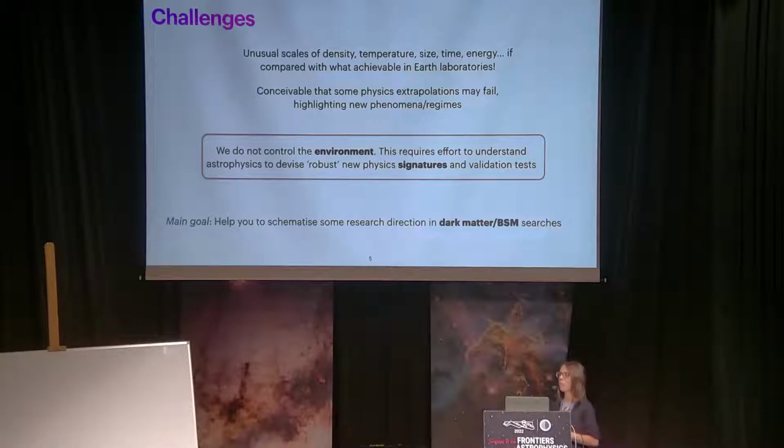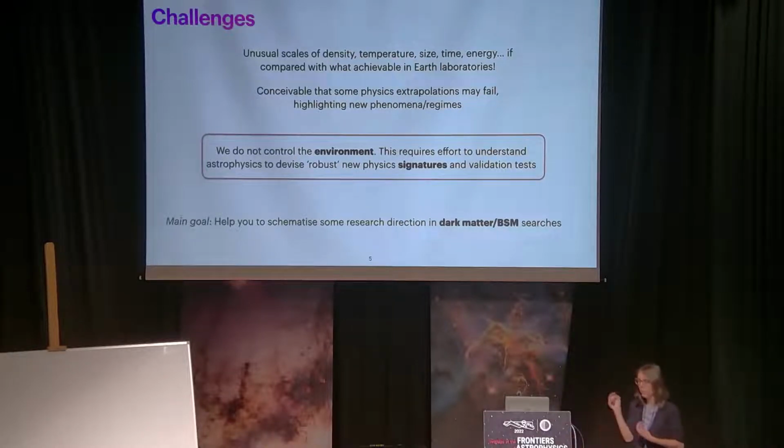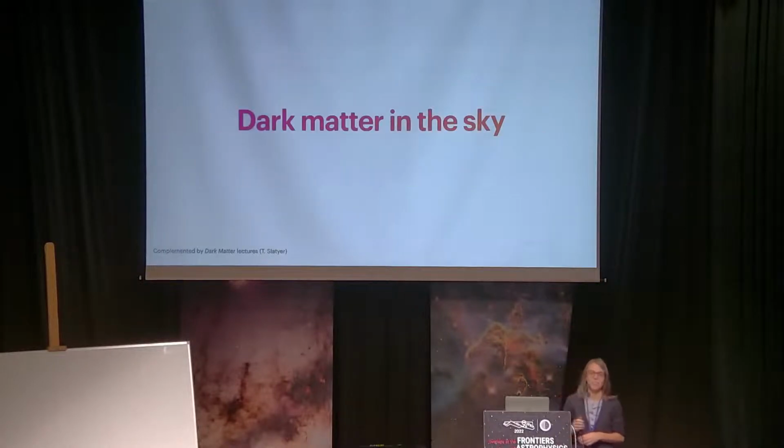And here I'm referring more generally to new physics, because most of indirect detection is about dark matter, and there will be a big chunk of my lectures on it. But you can also do searches for more general BSM, like axion-like particles produced in stars that do not have any link with dark matter. But let's start with dark matter.